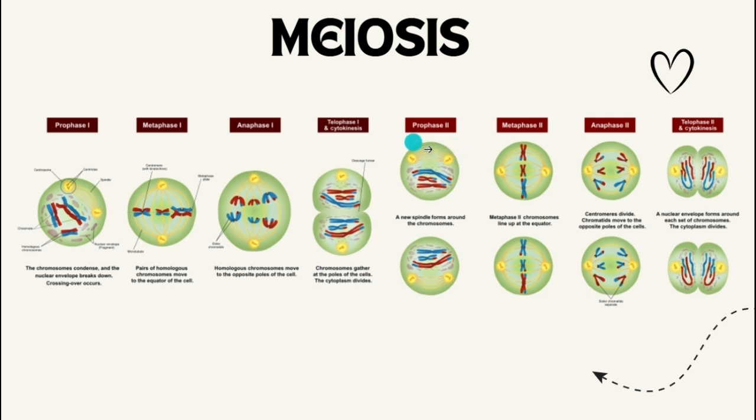Chromosomes will become condensed, and the centromeres are going to separate to opposite ends of the cell. Metaphase 2, these are chromosomes lining up at the equator. In metaphase 1, we had homologous pairs, tetrads lining up at the equator, 4 chromatids, 2 chromosomes. Here we have 2 chromatids and 1 chromosome lining up at the equator, and as you can see, in metaphase 2, they line up more vertically.